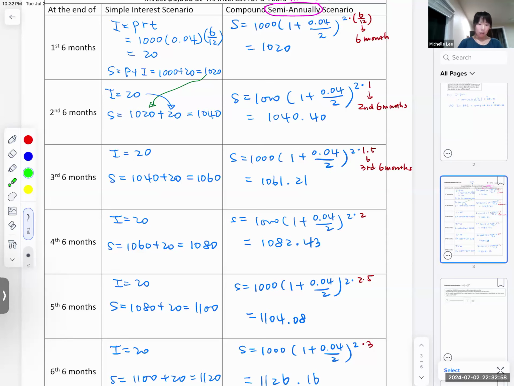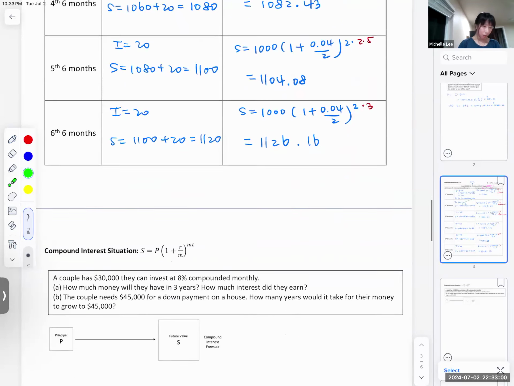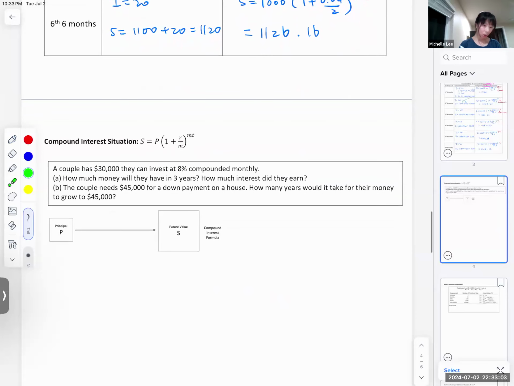Okay, let's take a look at this one, a compound interest situation. We have a couple who has $30,000. They can invest at 8% compounded monthly. That's periodic, right?